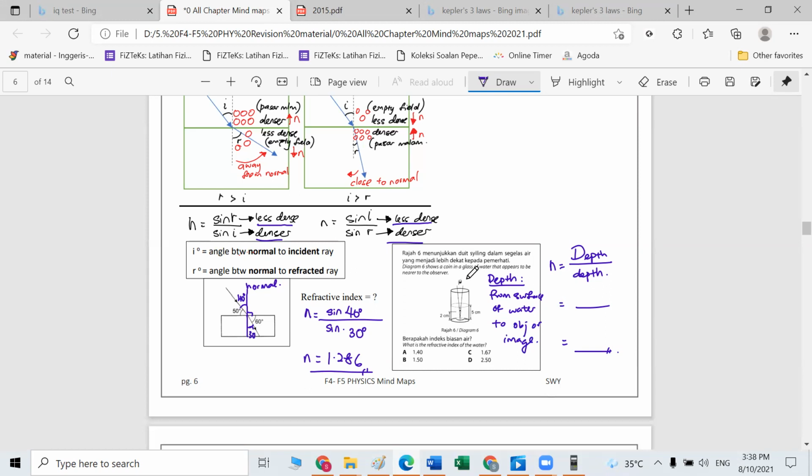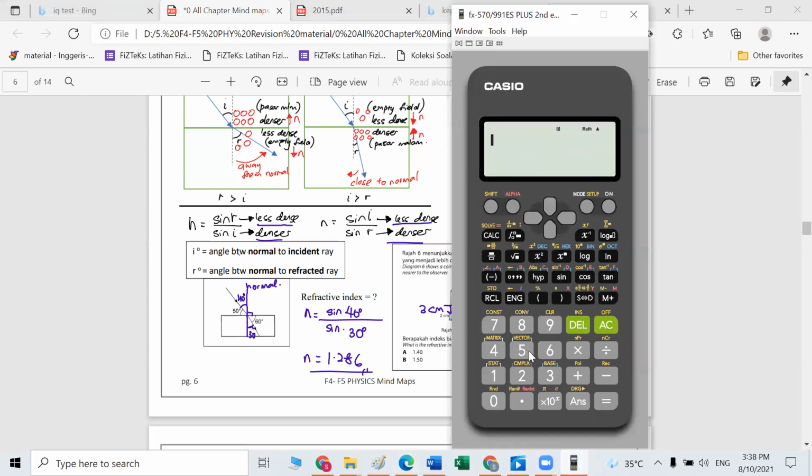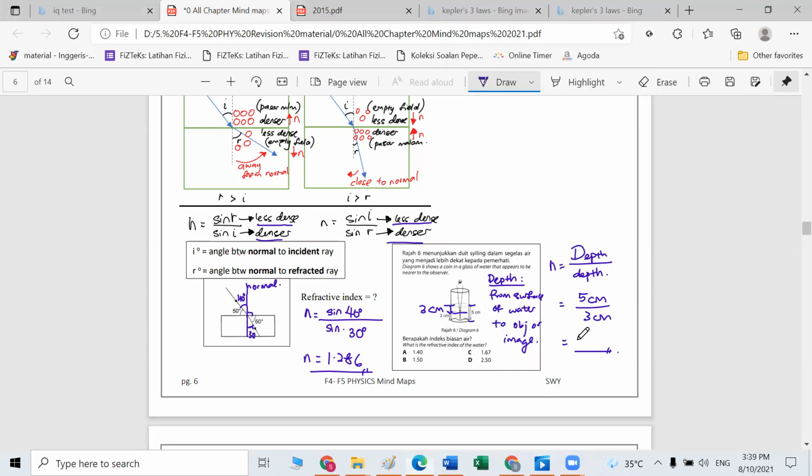So the real depth is from the surface to the object, 5 cm. Apparent depth is 3 cm, from the surface of water to the image. So 5 divided by 3, 1.67.